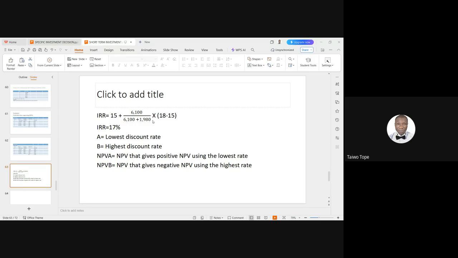Relevant cash flows are variable costs. These are relevant costs directly attributable to activity level. If activity level changes, total variable cost will also change.